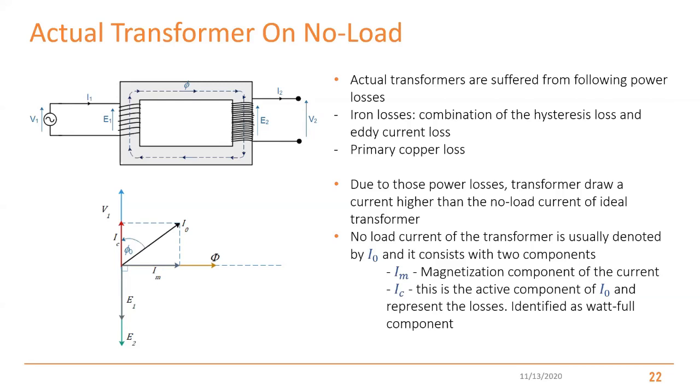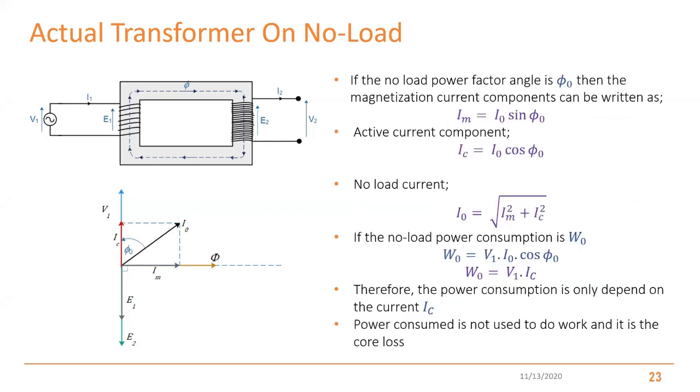Therefore, the total current is given by the vector addition of IC and IM, that means the wattful component and the magnetization component. Then we derived the equation like this.